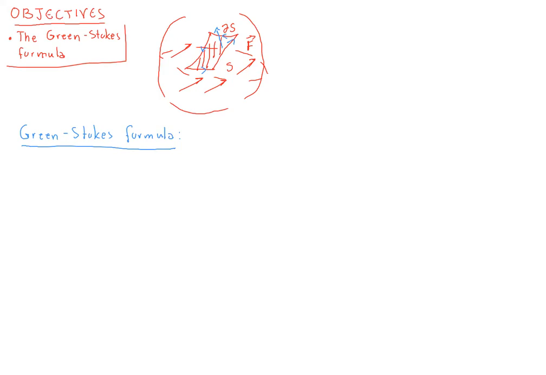The vector line integral of the vector field F around the boundary of the surface, where now the boundary has been oriented in the way that we have indicated, is going to be equal to the vector surface integral of the curl of the vector field through the surface, where now the surface has been oriented also in the way that we have indicated.